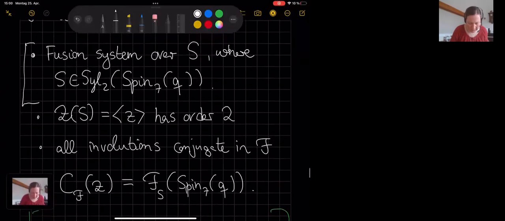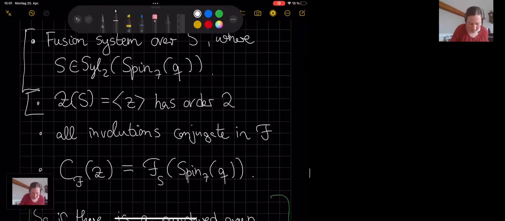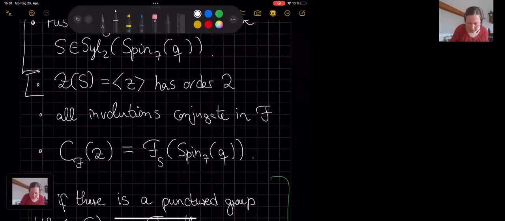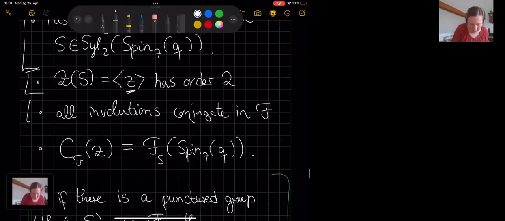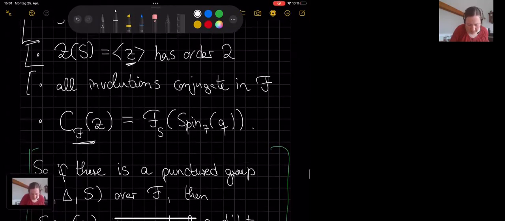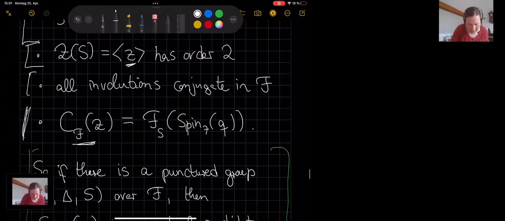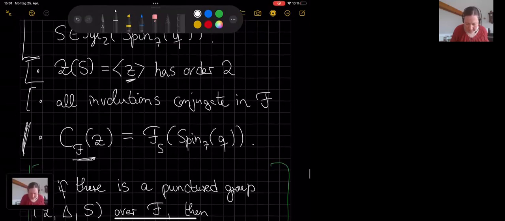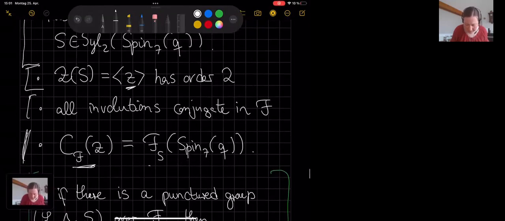So more precisely, the center of S has order 2, and all involutions are conjugate in F, so they are all conjugate to this central involution Z. And the centralizer in F of Z, so Z will be the only conjugate of Z such that the centralizer is actually saturated. And the saturated centralizer is realized by Spin 7 of Q. So we see actually Spin 7 of Q.